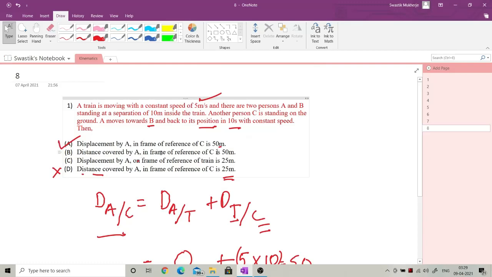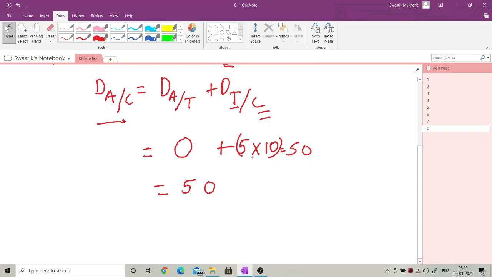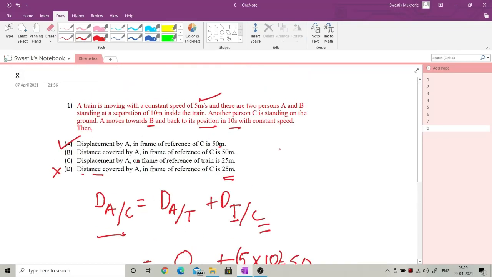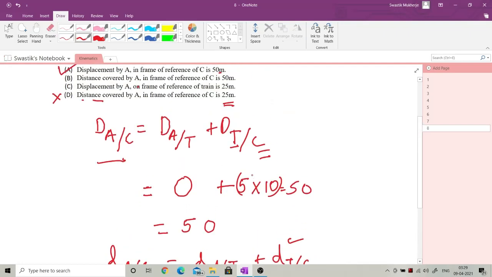So let's check the next option. The distance covered by A in the frame of reference of C is 50 meters. For this, apply the same formula. This part we already calculated: since C is a stationary body and the train is moving in only one direction, distance will be equal to displacement, which means this is already 50. Now the distance covered by A with respect to the train.